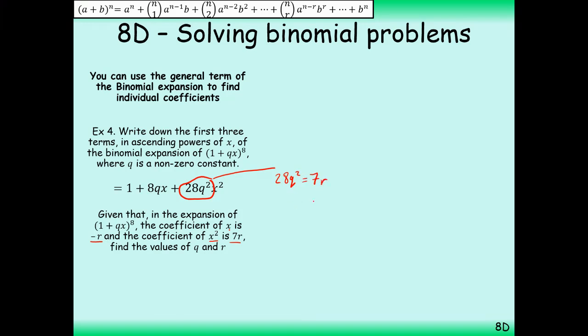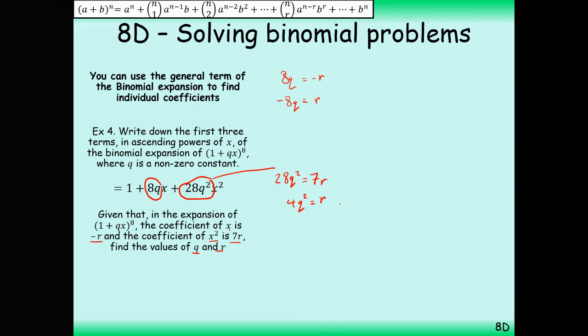We can divide both sides by 7, so r is 4q squared. And we've been told that the coefficient of x, that's 8q, we'll write it here, 8q is minus r. So we need to find the value of q and r. So we have two equations and two unknowns. That's fine. So this r is the opposite of this r because it's got a minus sign. So we could say that r equals negative 8q.